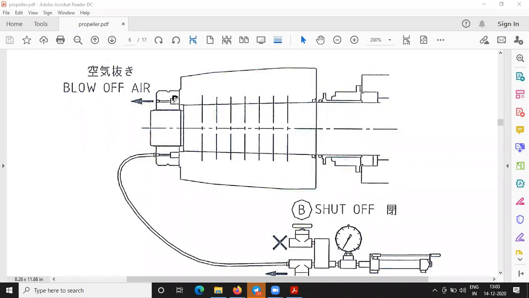But since liquid is incompressible, what happens? Even though you apply 1 bar, that 1 bar will be sufficient to push these pads outward. And whenever the pads are restricted from the further motion of the propeller boss, at that time you will start seeing the rise in the liquid pressure.